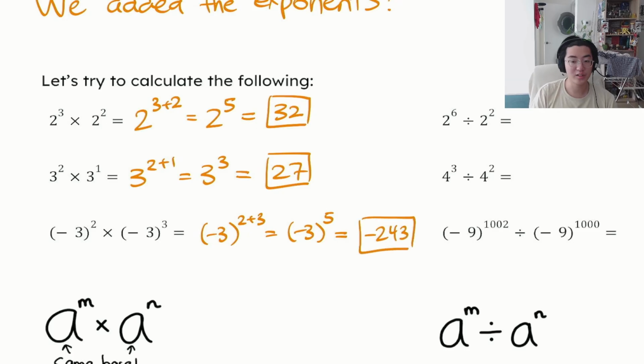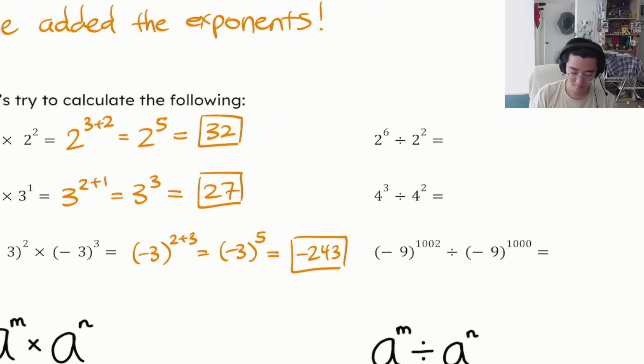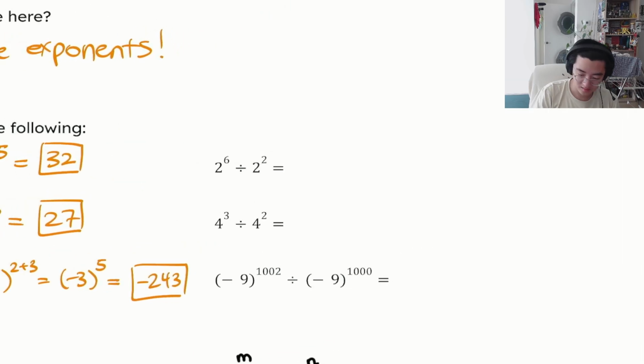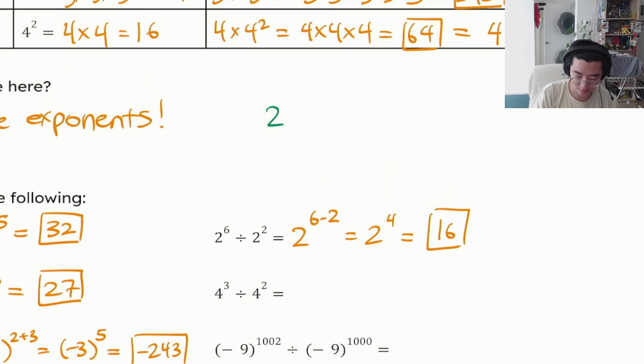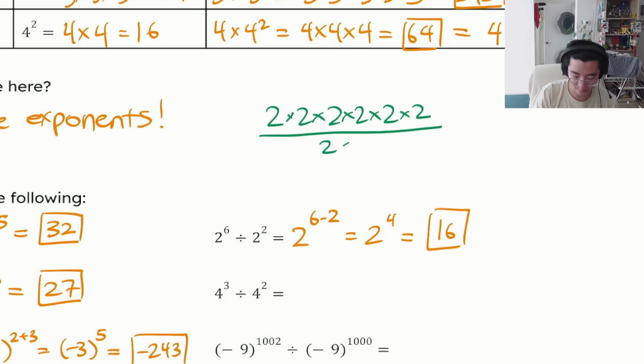And as you can imagine, division works the opposite way. 2 to the power 6 divided by 2 to the power 2 is 6 minus 2, which is 2 to the power 4, which is 16. We can visualize this too. We got 2 times 2 times 2 times 2 times 2 times 2 divided by 2 times 2.